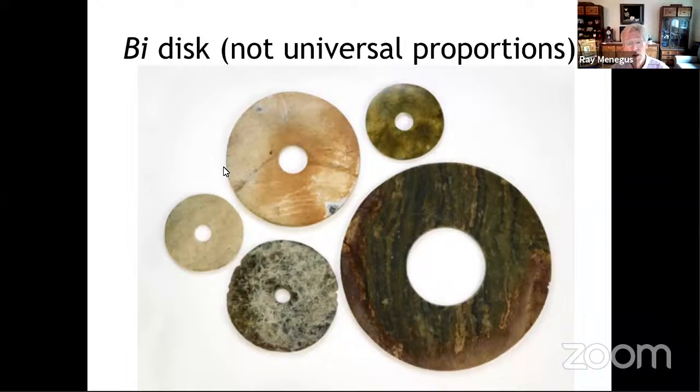And just so that we're not tricked, I'm showing this image to show you that there's really no universal proportion for a bi. So the size of the hole relative to the diameter is not a fixed constant.